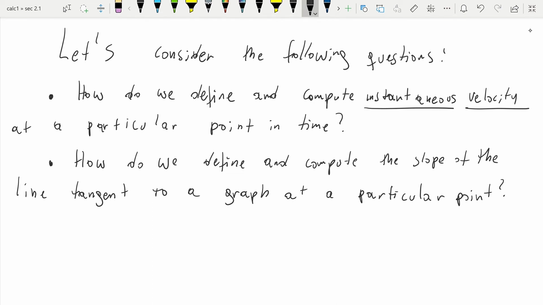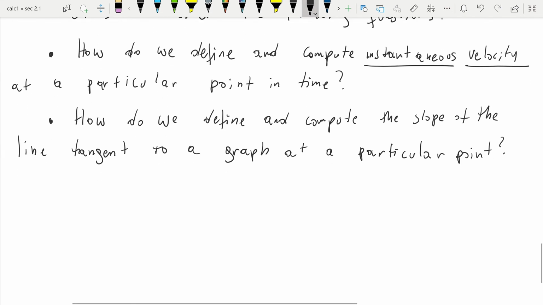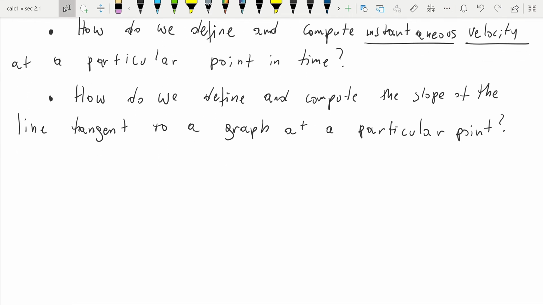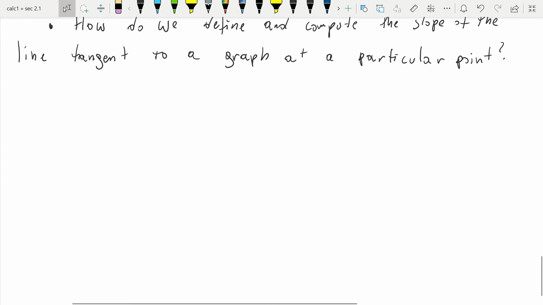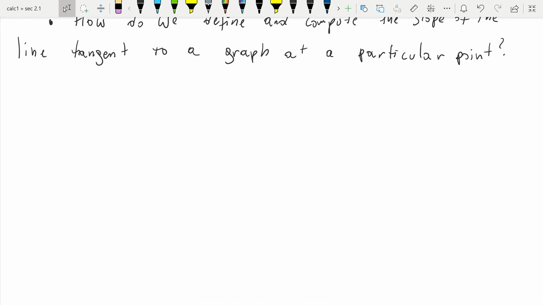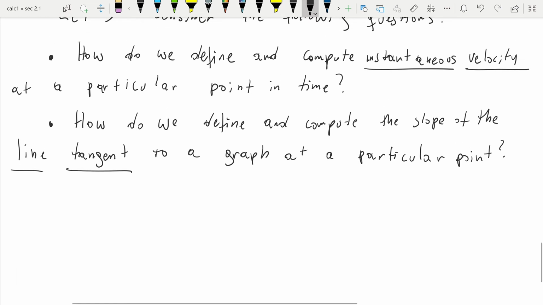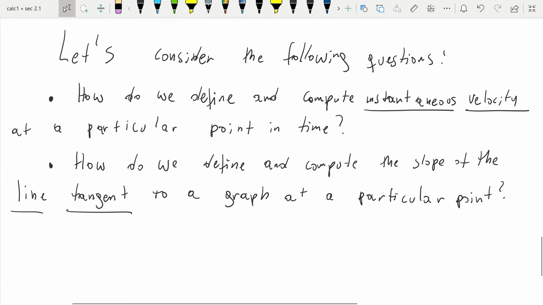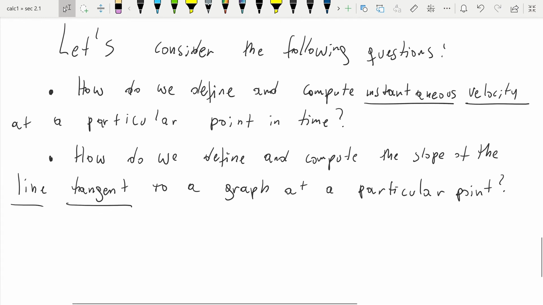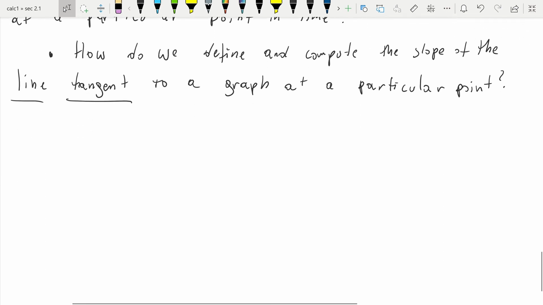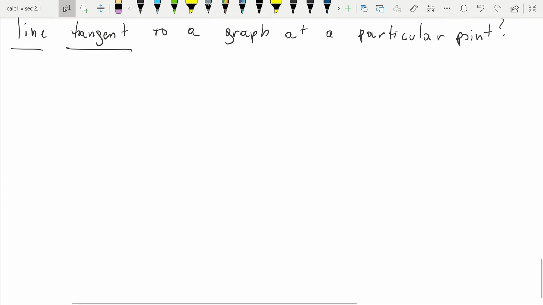We're already used to computing the slope of a given line, a straight line, and whenever we have a graph, we can compute the slope of a secant passing through 2 points on the given graph. But how can we even speak of a tangent line? And this is just a geometric version of what instantaneous velocity is. So we'll try to answer these two questions by using the notion of limit.